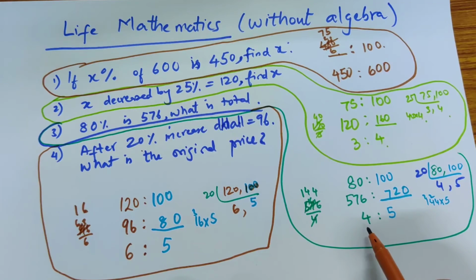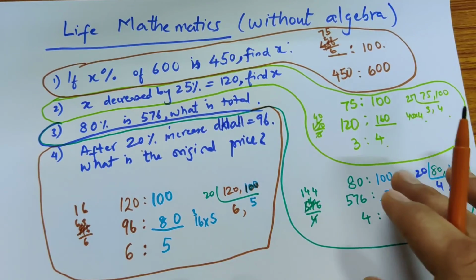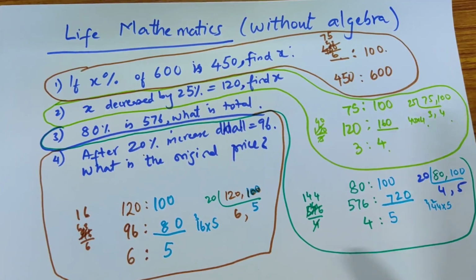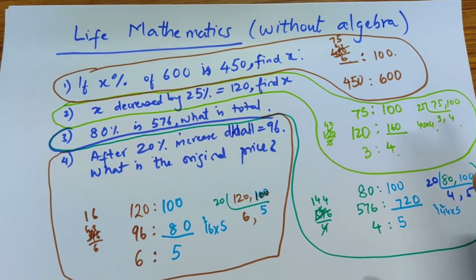The minimum was 4 is to 5, meaning when one house is consuming 4, the other house is consuming 5. How many days will it take to consume 576? 144 days. So in those 144 days, how much would have been consumed by the other house? That's what this is. So this life mathematics, without using any algebra, can be reduced to what we had been doing with ratio and proportion.